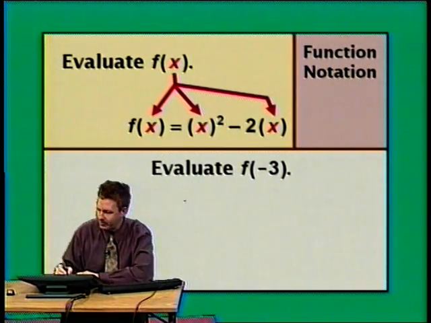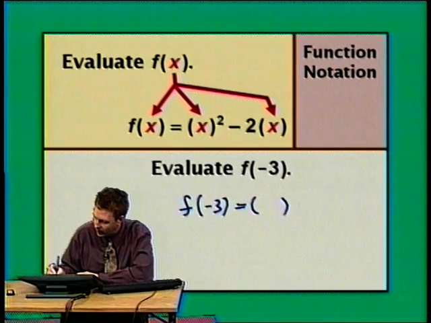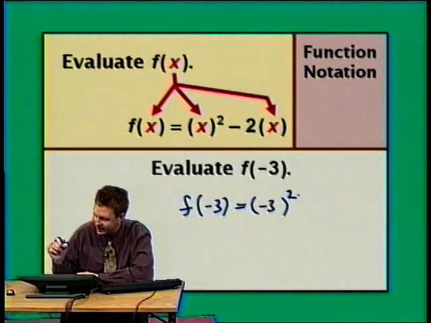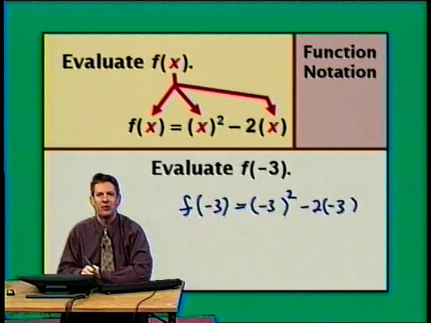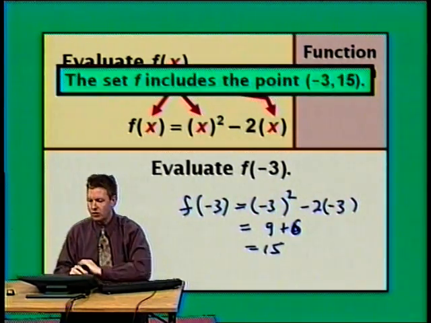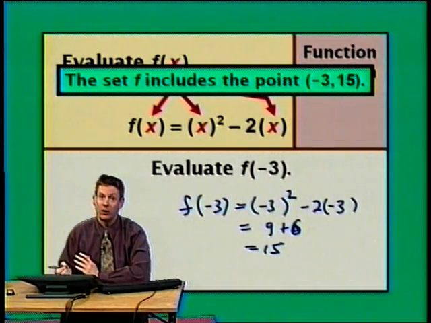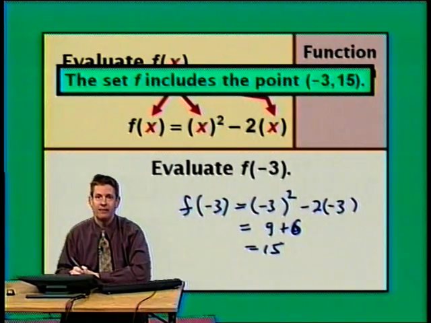So this time I am literally going to write down f of negative 3 equals negative 3 in parentheses squared minus 2 times negative 3 in parentheses. So this time I have 9 plus 6, which is 15. So this tells us that if we were looking at a graph or a table or whatever form we were looking at the function, it would include the point negative 3, 15.